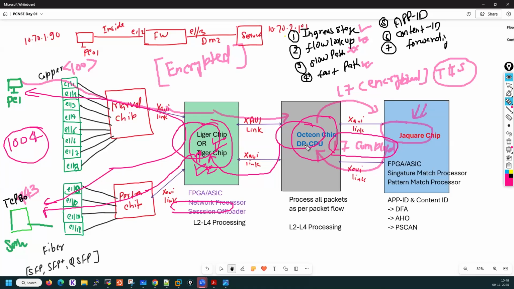And why is this offloaded? Because this is some kind of optimization. Otherwise, if we had not offloaded that session, my data plane CPU, which is the Octeon chip, would need to do all the processing. But I have offloaded some load from here, and now the Tiger or the network processor is doing the task.